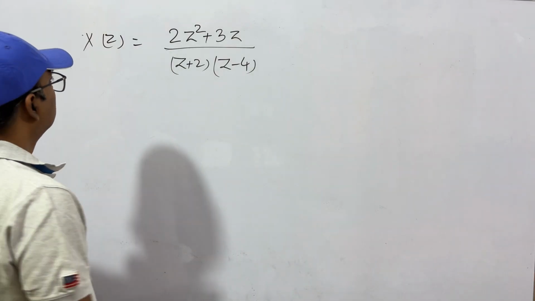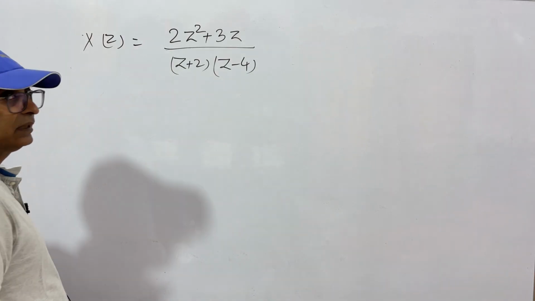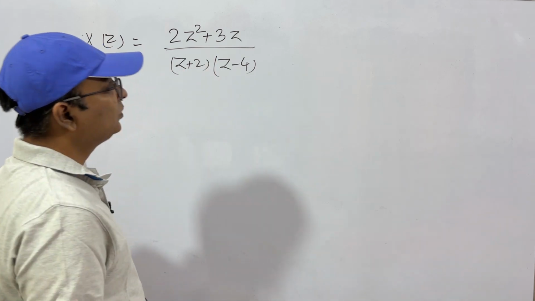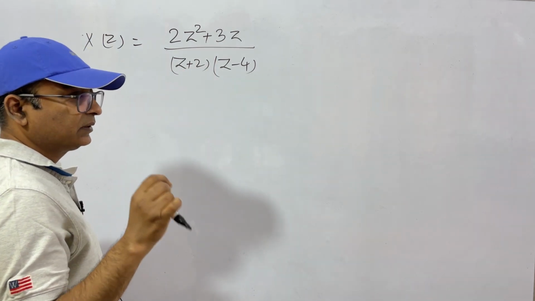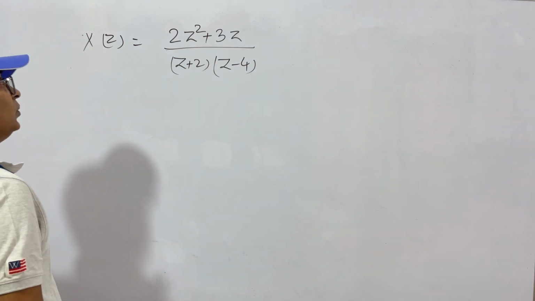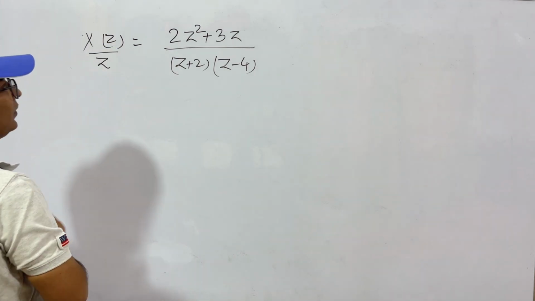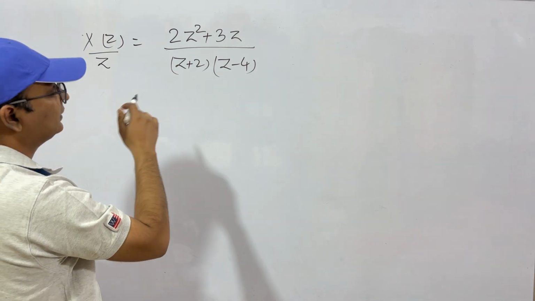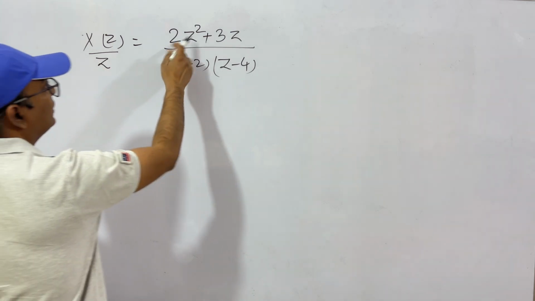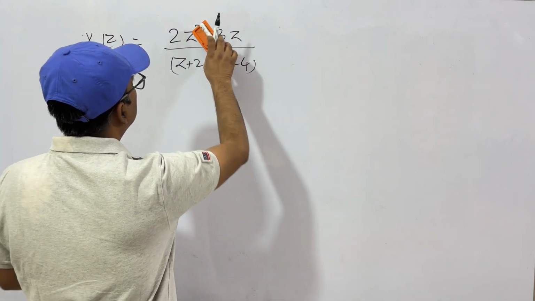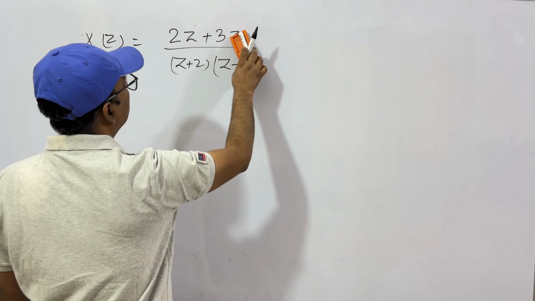Now let's say in this example we'll solve it by the partial fraction method. When you have to take the inverse z transform using the partial fraction method, what you need to do is take X(z) by z. You have to remove one z, so this will now be 2z this.